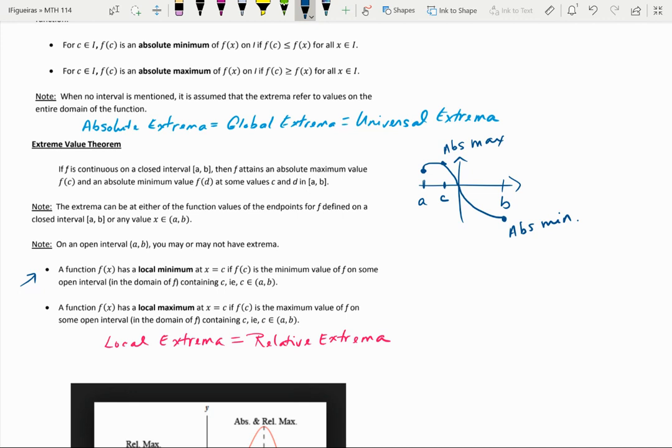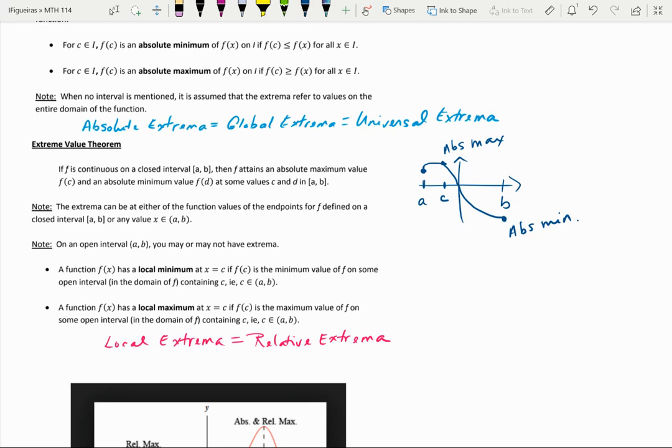A function f of x has a local maximum at x equal to c if f of c is the maximum value of f on some open interval where c is in a, b. Similar to what I stated above, there's lots of vocabulary associated with this.